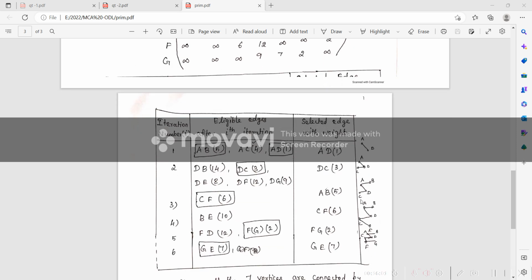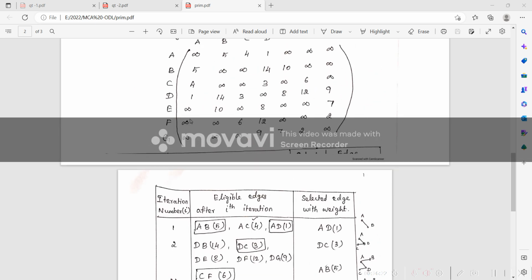Okay, and then now we have 3 vertices. One is A, D and C. So we have to consider all the edges which are coming from these 3 vertices. So all edges from A are here, edges from D are here. So the only thing is we have to consider edges from C. So we are going to write edges from C. Okay, so in that C we have CA, which is already taken here, AC, so don't take this one.